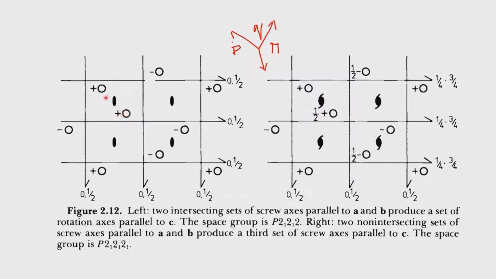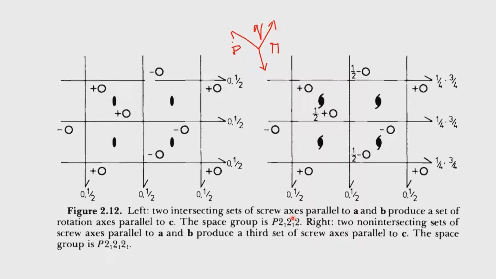And you can see that the equivalent points are nicely related by two-fold symmetry. And that is how we get to this space group P21212. So we therefore have the space groups P222 and P212.